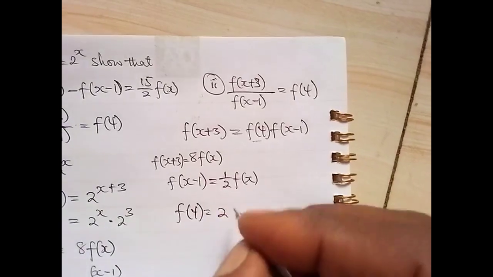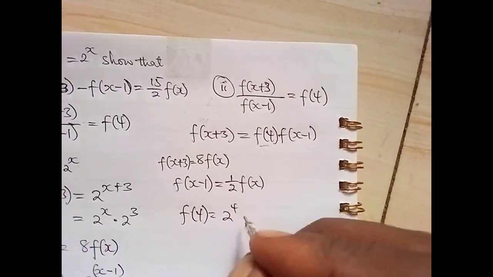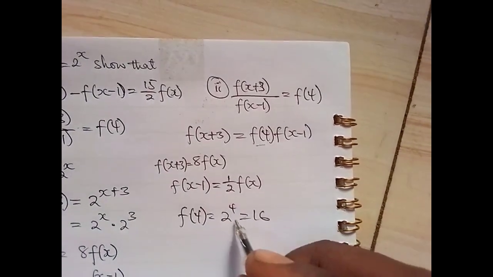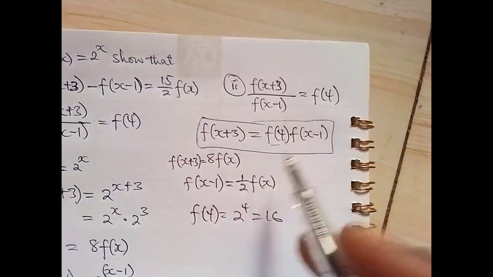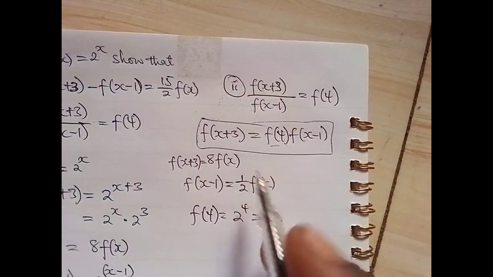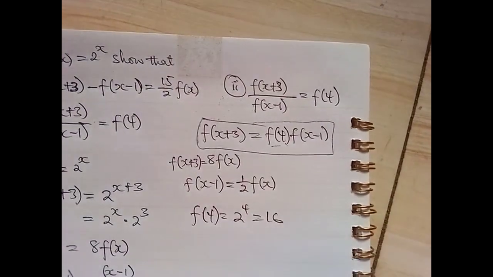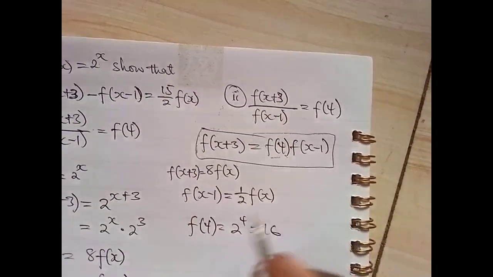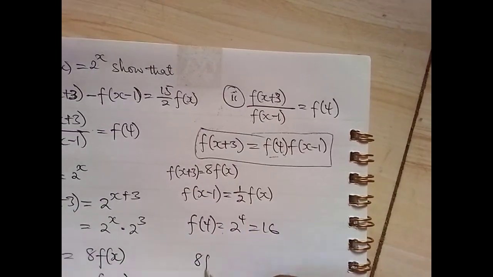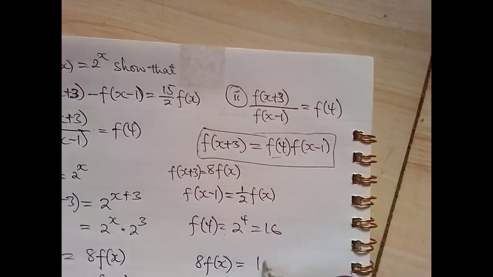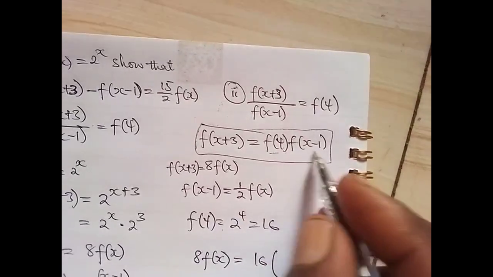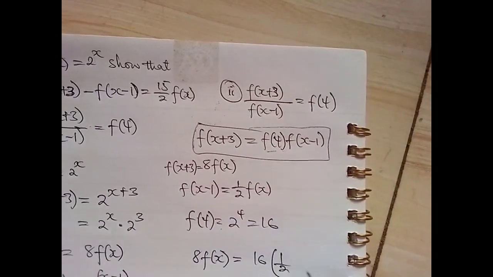f of 4 is equal to 2 raised to the power 4, which is 16. From the equation, on this side is 8 f of x, and here is 16 times 1 over 2.